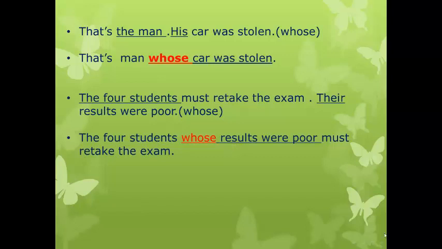Okay? Another example. The teacher is Mr. Clark. His class is noisy. Now, join these sentences using whose. As you can see, we have the teacher here, it's the subject, and his class is noisy. This is the information about the teacher. So here you're supposed to put the relative clause like this.